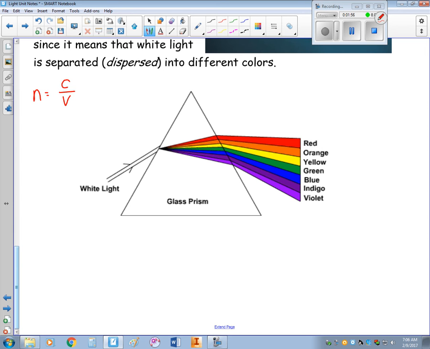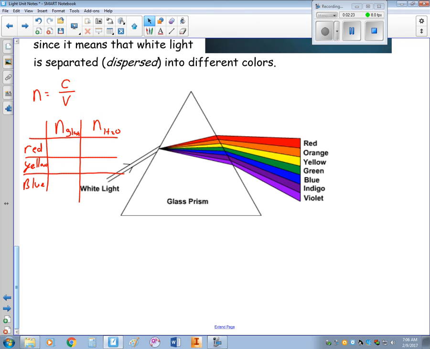So if I have different colors, so let's say I have red, yellow, and blue, the index of refraction in glass, and the index of refraction in water. For red, it's 1.5.